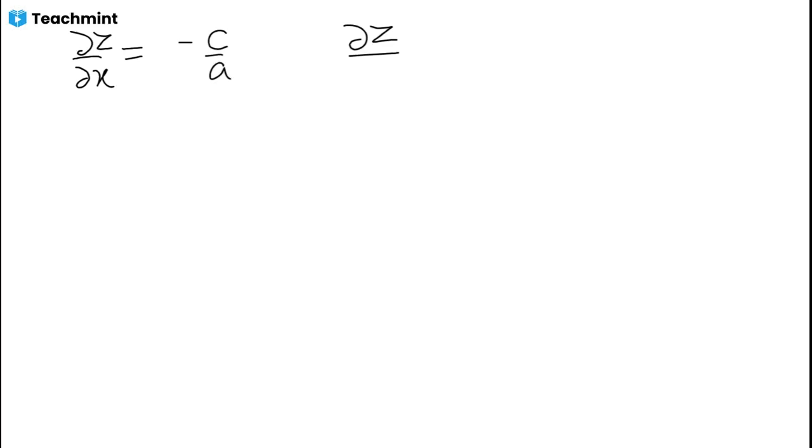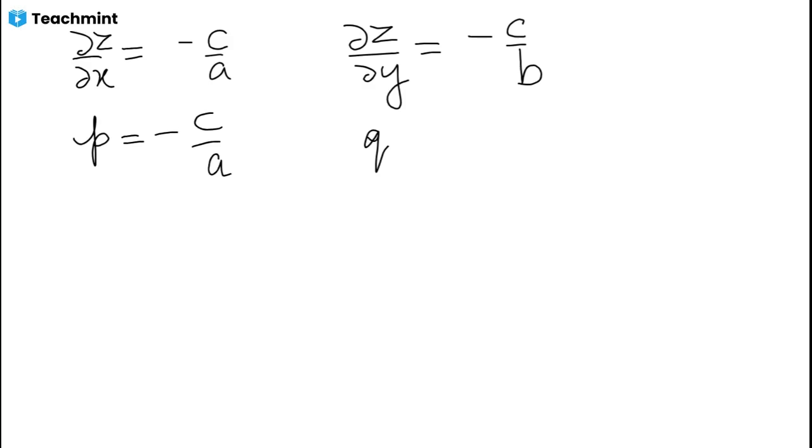And del z over del y is also minus c over b. So p is equal to minus c over a, and q is equal to minus c over b.